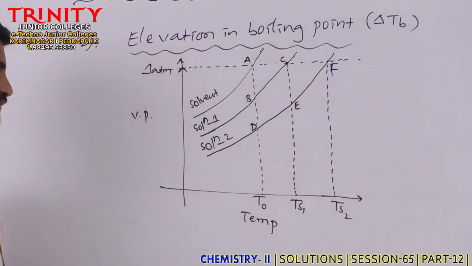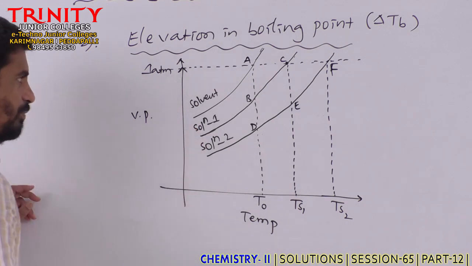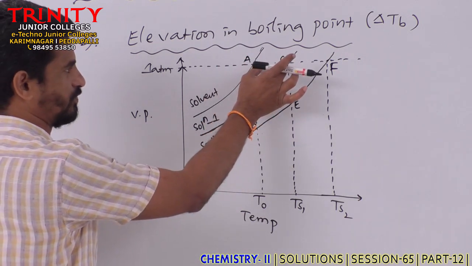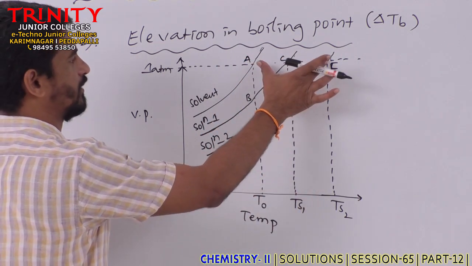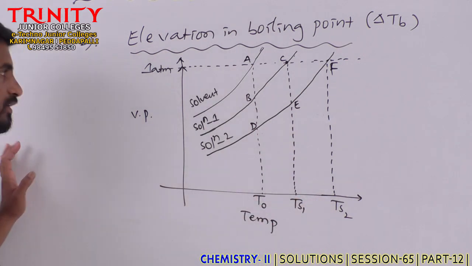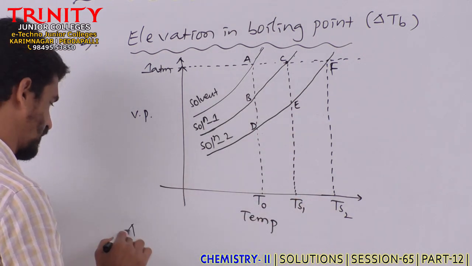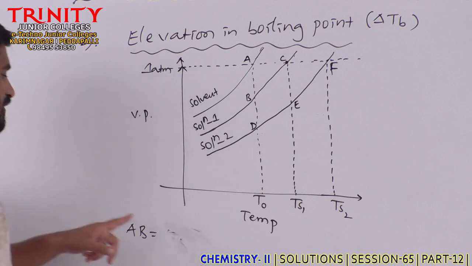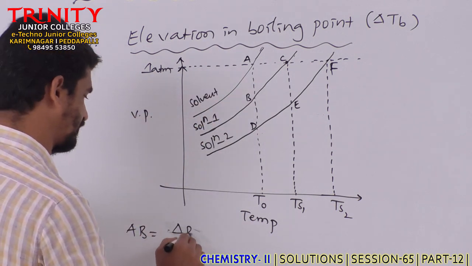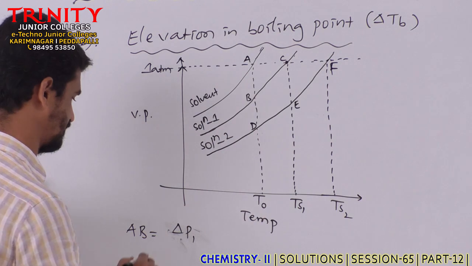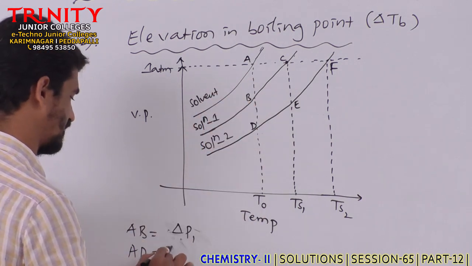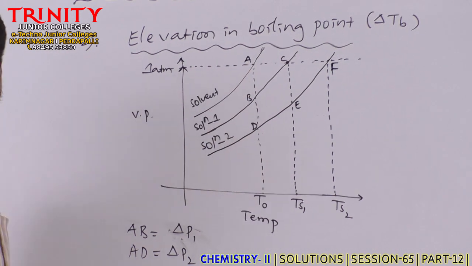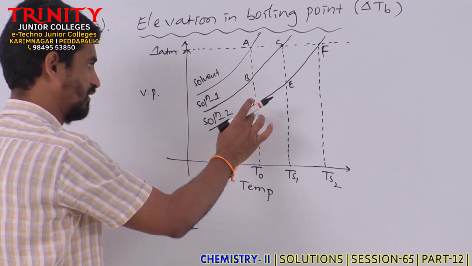Clear? Now from this, here AB is the vapor pressure difference. AD is also a vapor pressure difference. AC is a boiling point difference. AF is also a boiling point difference. AB is nothing but delta P1, the lowering in vapor pressure for the first solution, and AD is delta P2, the lowering in vapor pressure for the second solution, the difference in the vapor pressure of the solvent and the second solution.